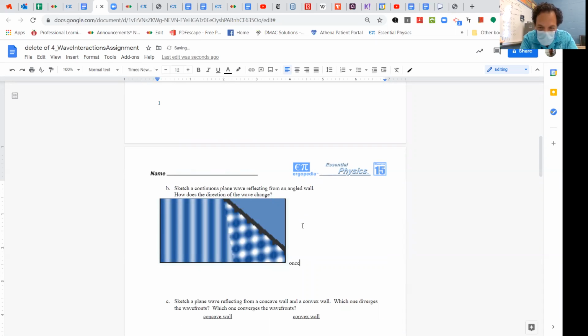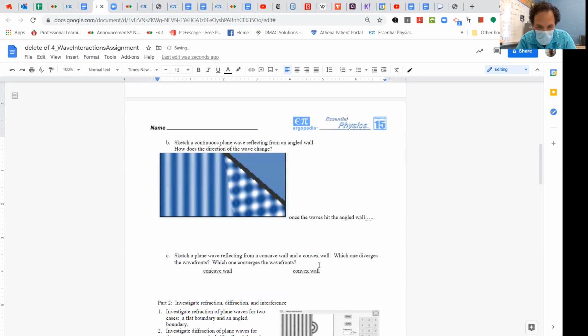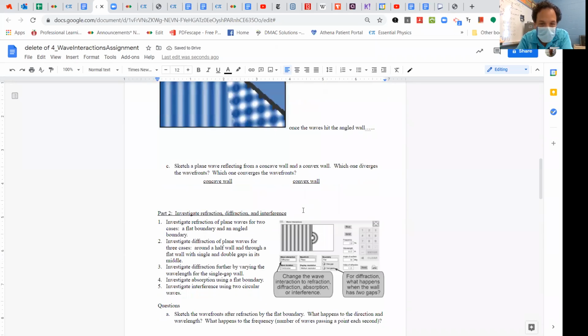So then you say like, once the waves hit the angled wall, and then you could finish. I'll let you finish that. So different ways to do it.